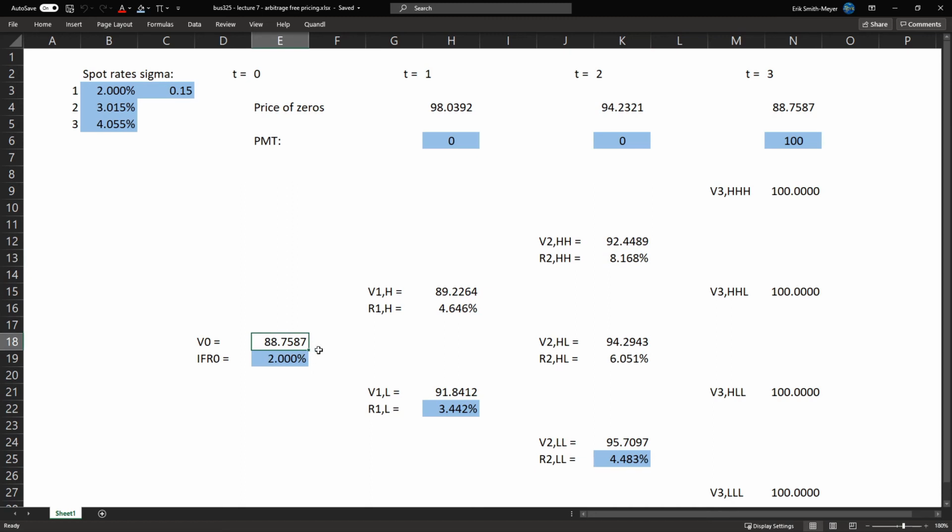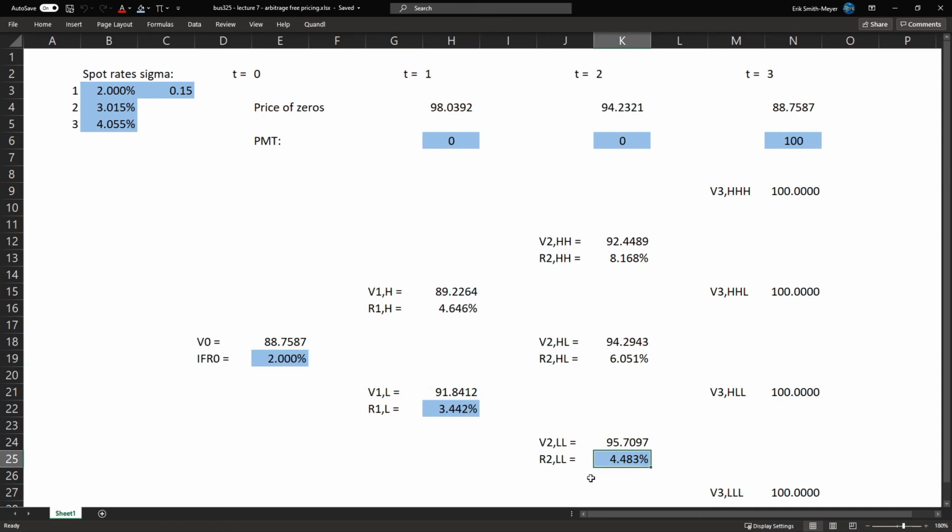So here we got from the model, we priced a 3-year zero coupon bond at 88.7587, which is equal to the market price of the bond. Okay, so that's a very good result. So now we have calibrated our interest rate tree.